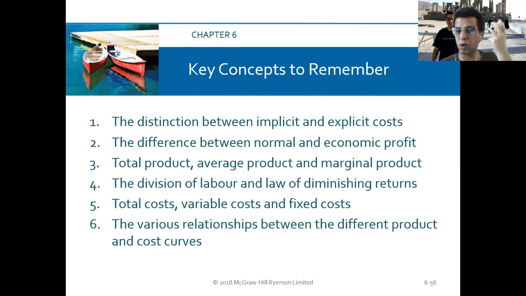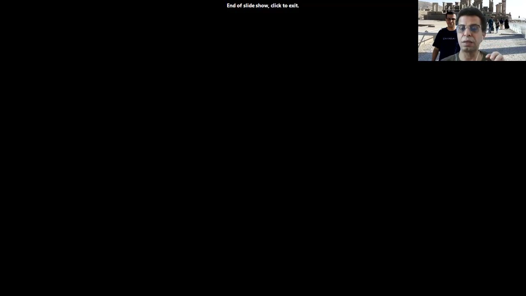Distinguish between total cost, average cost, variable cost, total variable cost, average variable cost. We spoke about the division of labor and the law of diminishing returns, with the marginal costs going up when people are getting tired and producing fewer units per hour. Then we spoke about the total cost, variable cost, and fixed cost, the various relationships, and that's it.